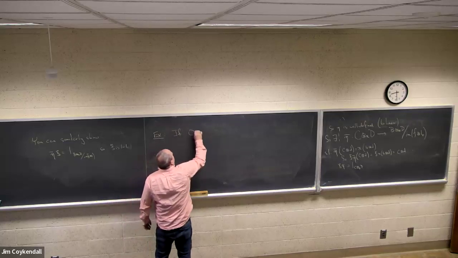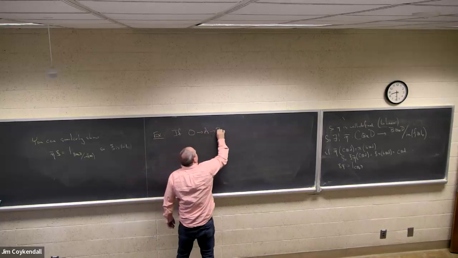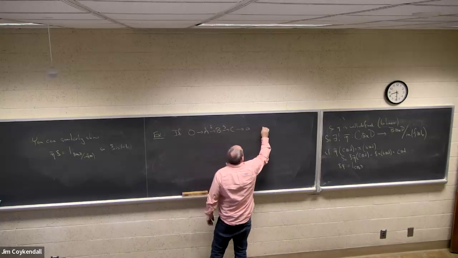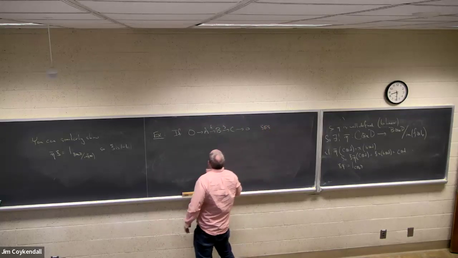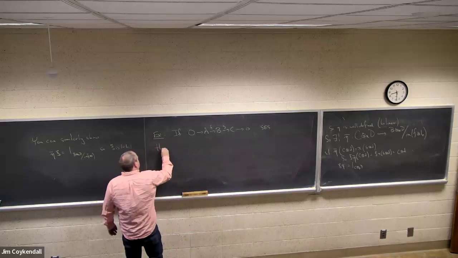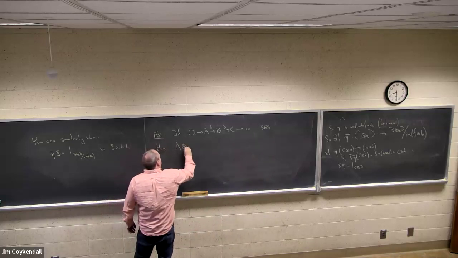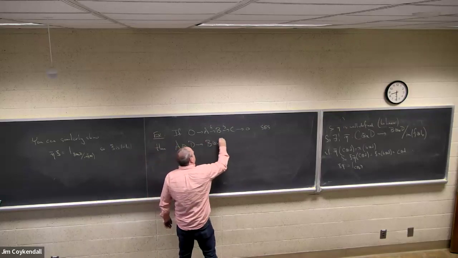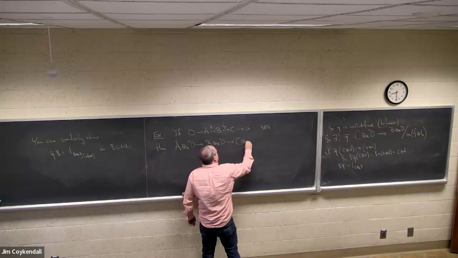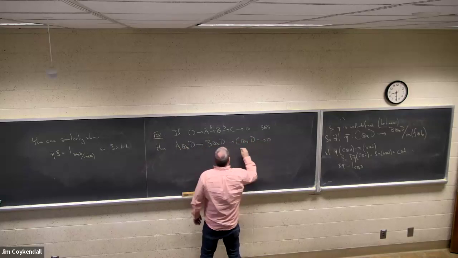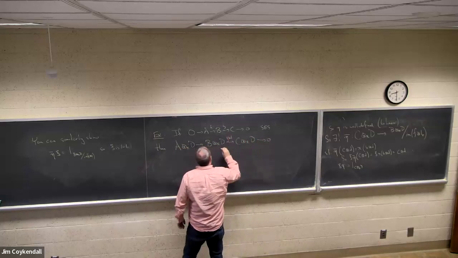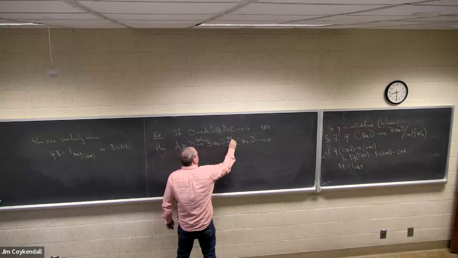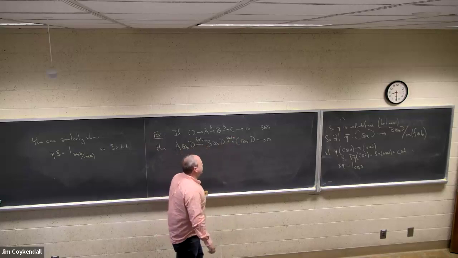If 0, A, B, C, 0 is a short exact sequence, then A is exact.